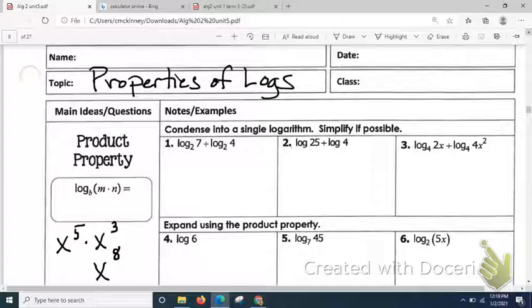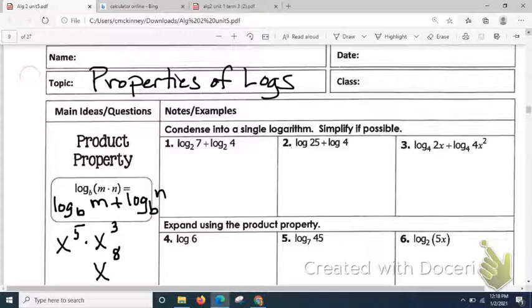So log base b of these two things multiplied times each other is the same as if I add their logs individually. The b there just means the base, whatever base, illustrating that it has to be the same. So multiply goes with add, just like it did in our exponent rules.